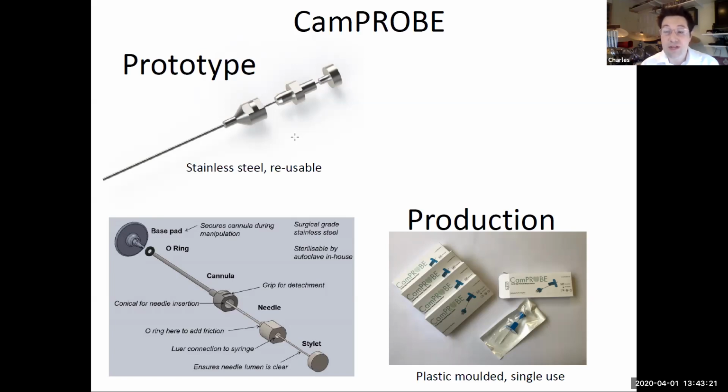This used injection molded plastics to replace some of the more expensive parts, meaning that because they could be thrown away, they could be manufactured much more quickly and in greater numbers, which is great because this can now be given to lots more hospitals through mass production.